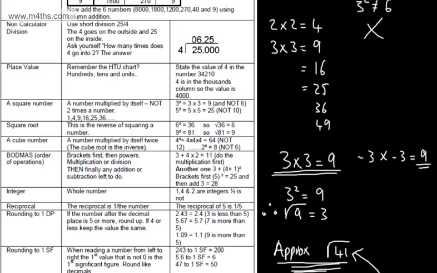So let's go ahead and just tick these off. A square number is the same number multiplied by itself to give us the answer. These are the square numbers, 4, 9, 16, 25 and so on. Square root is the inverse operation. So we're going backwards.